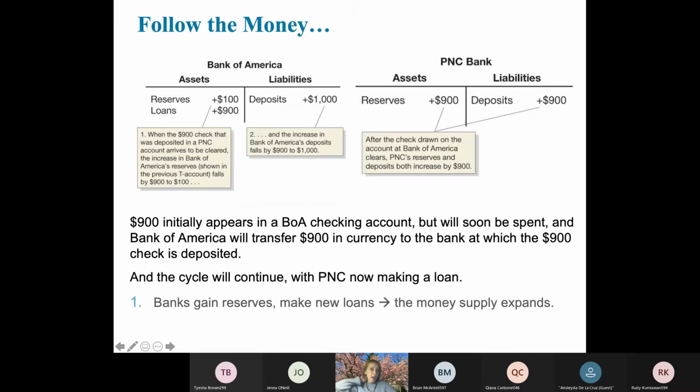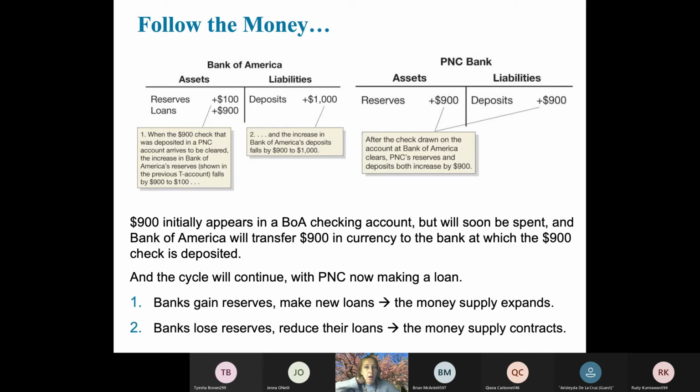And so Bank of America, they withdraw their deposits in the amount of $900, and they make a payment to the place that makes pizza ovens, $900 pizza ovens. So like a pizza oven store. And the pizza oven store has an account at PNC Bank.